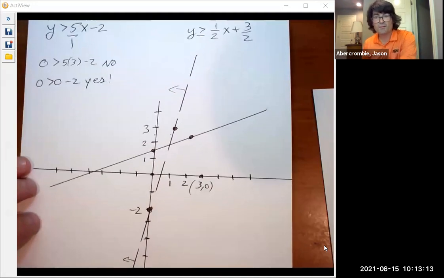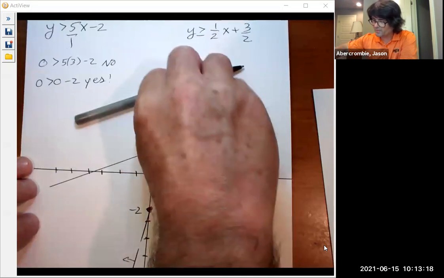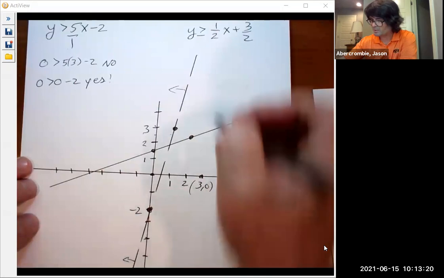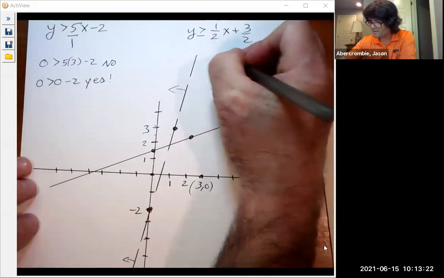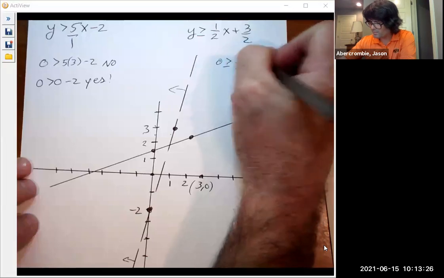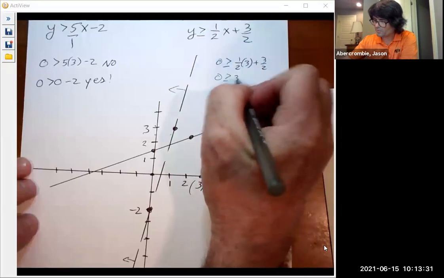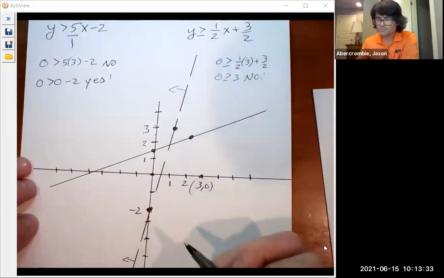And let's now figure out which side is true for this solid line, either up here or down below. We'll just try 3, 0 since we already have it marked. Is 0 bigger than 1/2 times 3 plus 3/2? That's 3/2 plus 3/2. Is 0 bigger than 3? Nope.